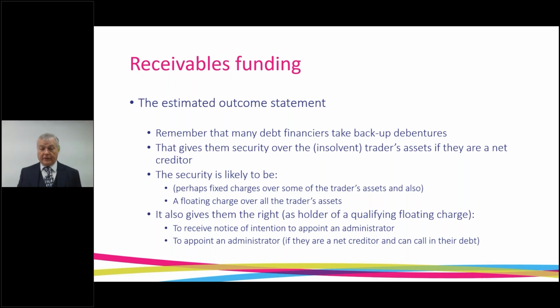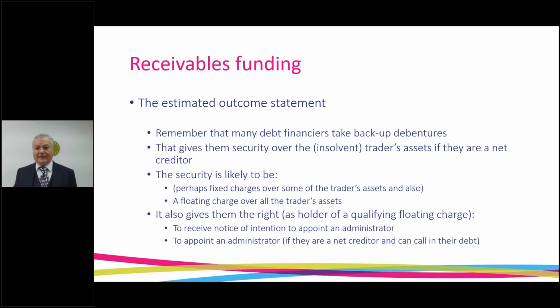Consequence of that is that the financier is entitled to receive notice of intention to appoint an administrator if they hold a backup debenture, and they are also going to have the right to appoint an administrator.